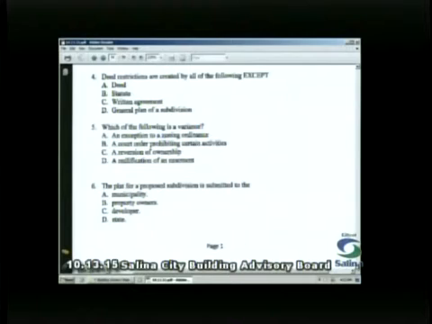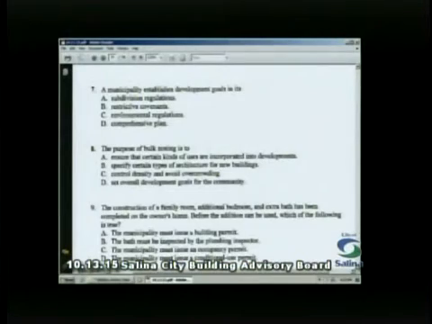Which of the following is a variance? A is correct. A plat for a proposed subdivision is submitted to the... That's correct. The municipality establishes development goals with its... B, comprehensive plan, is correct.